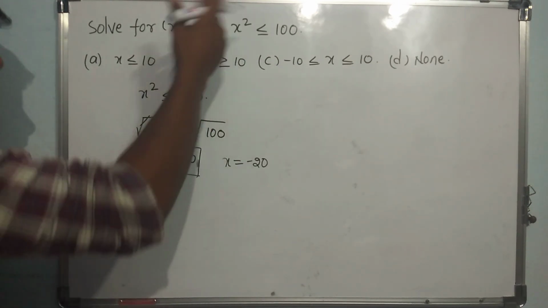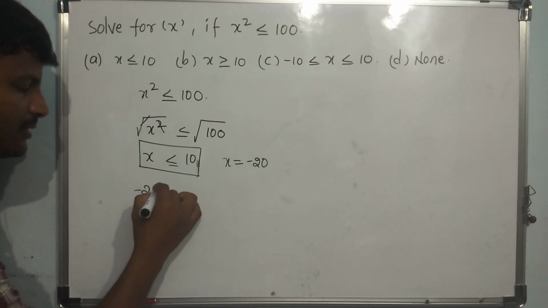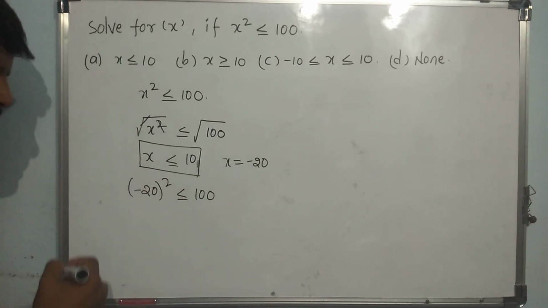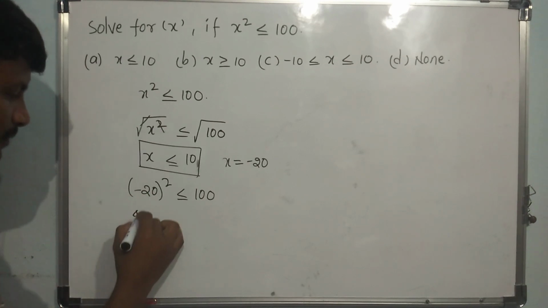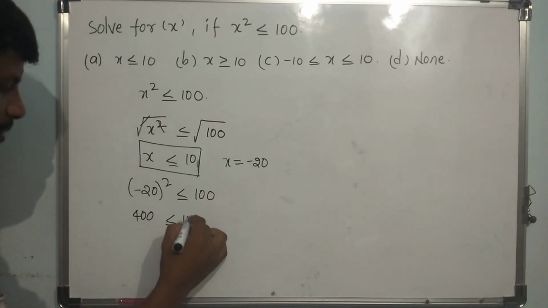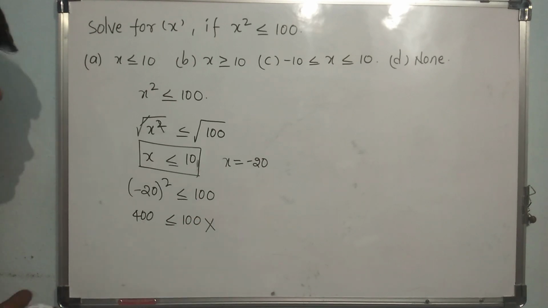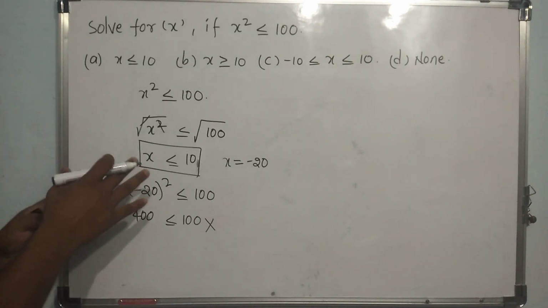Minus 20 square, the value is 400, less than or equal to 100. This is absolutely wrong, which means your solution x less than or equal to 10 fails at x equal to minus 20.